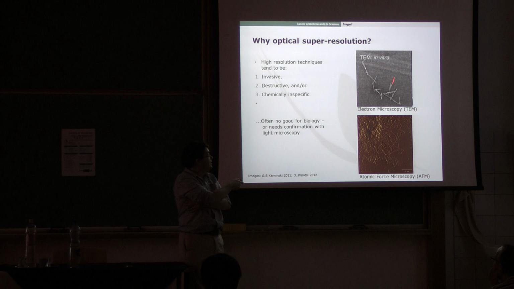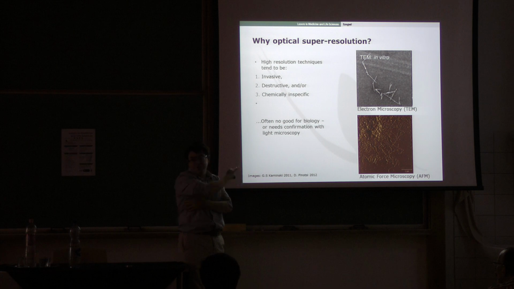So we want to know if these structures have been formed, and with super resolution microscopy we can do that measurement inside cells which are, well, maybe living. In any case, we can do that measurement inside cells. Previously, if we needed to use electron microscopy or atomic force microscopy, those would be techniques that we have to do under vacuum.